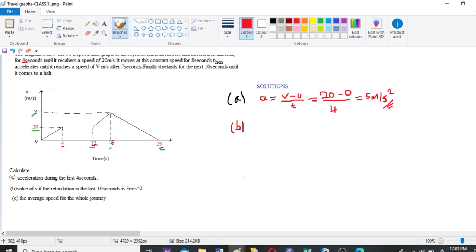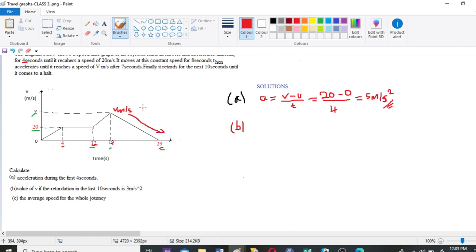In the last 10 seconds, we are considering this last triangle. Now in the last triangle, the car is already moving at v meters per second. This is the speed at which it is traveling, and while it is at v meters per second, it starts reducing its speed until it reaches the resting point.